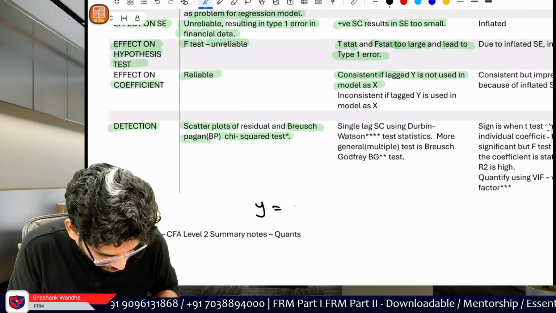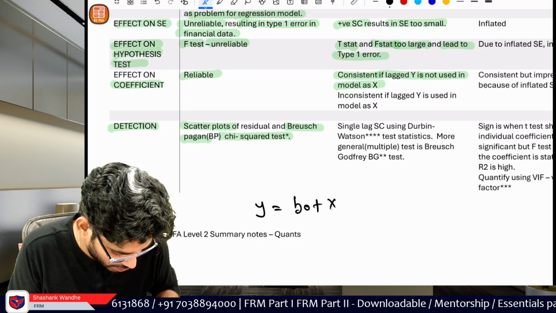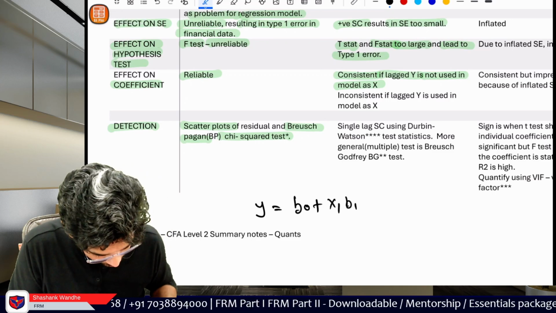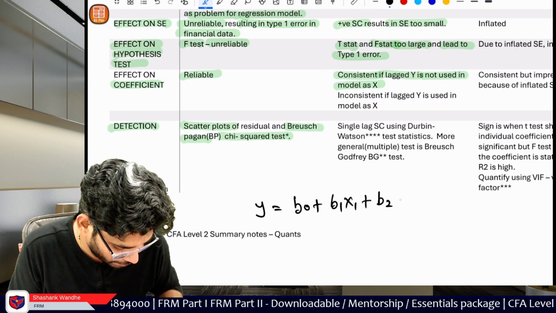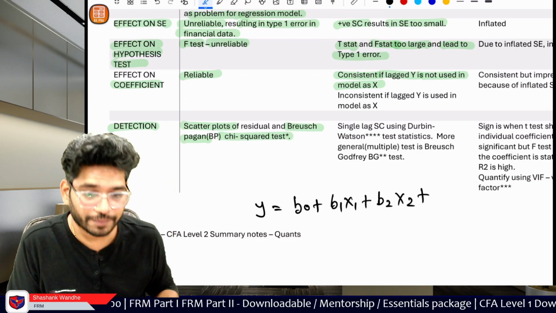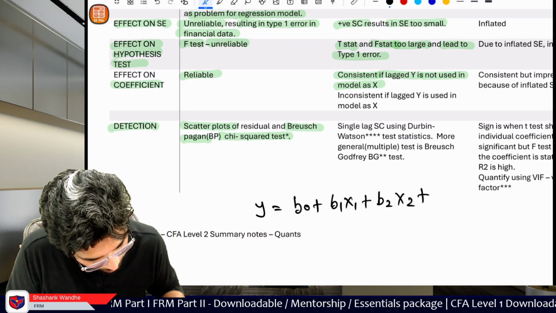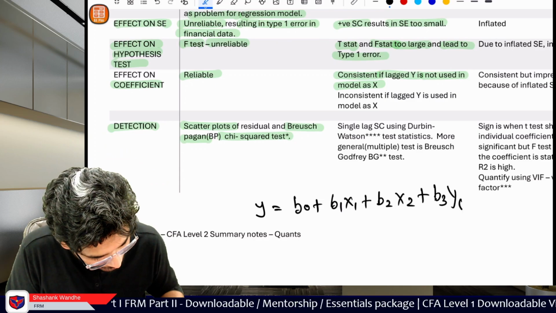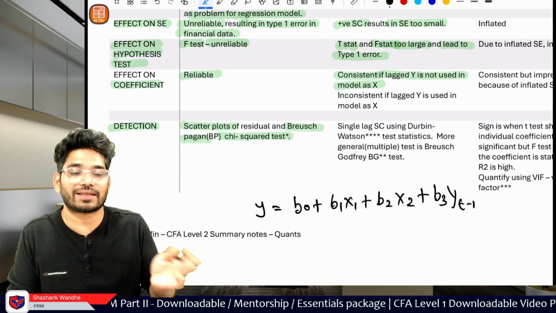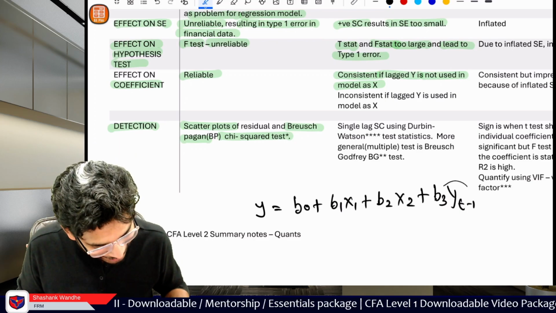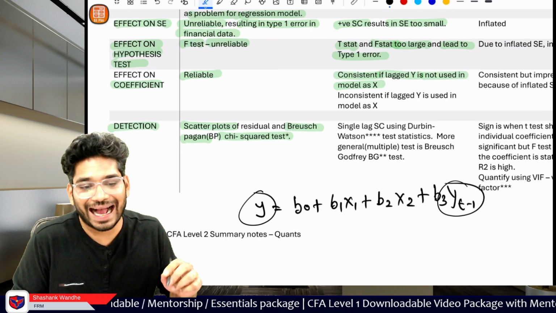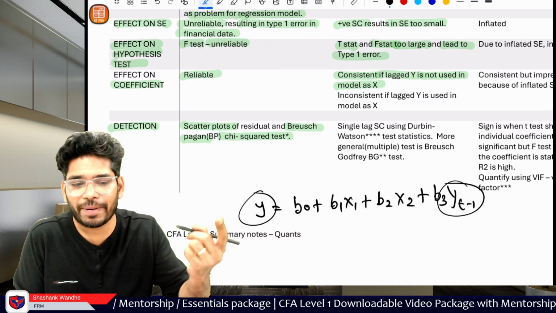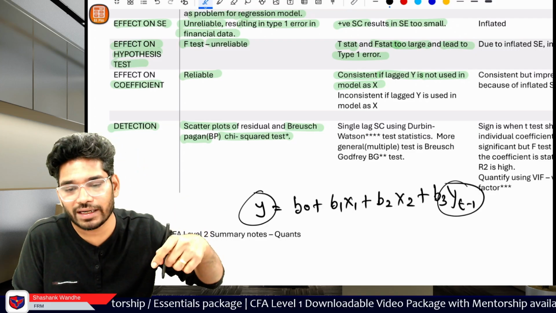Y is equal to b0 plus b1 x1 plus b2 x2 plus, here you are using b3 y(t-1). This is using the lagged dependent variable in the model as x, as an independent variable. So you're using the lagged value as an independent variable.